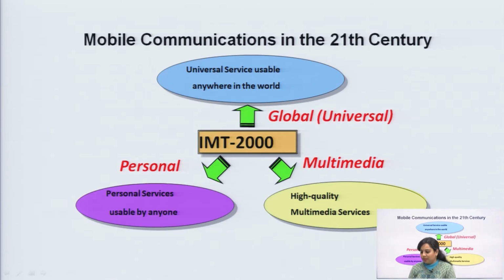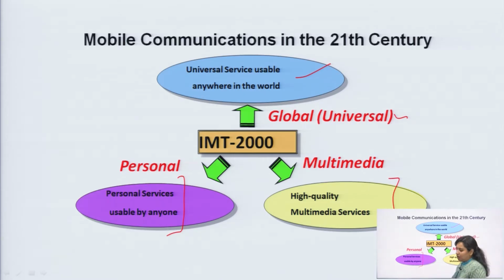Next is mobile communications in the 21st century, like universal service usable anywhere in the world; it can provide communication globally, that is universal. So, personal services it will provide usable by anyone, and also high quality multimedia services will be provided. Now, what are multimedia services? Multimedia services are, if you want to transmit some video, you want to transmit or receive some song, you want to download a song.